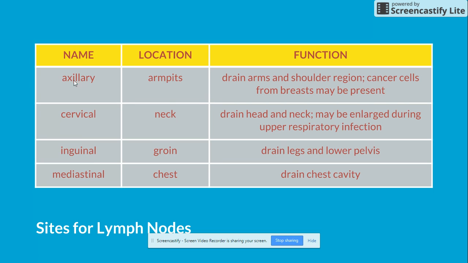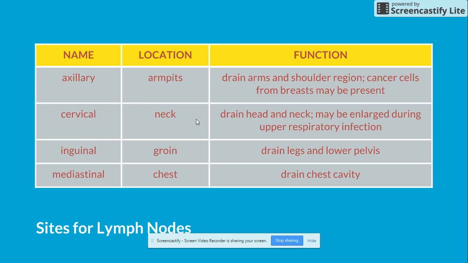So we have the axillary, the cervical, inguinal, and the mediastinal. Axillary is going to be the armpit area. If you have a lot of swollen lymph nodes or lymph nodes that are just kind of weird, a lot of times they'll check this when they're checking for breast cancer and things like that. And then we have the cervical ones that are in your neck.